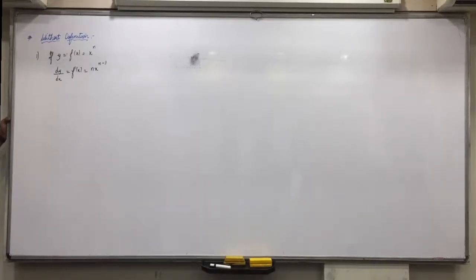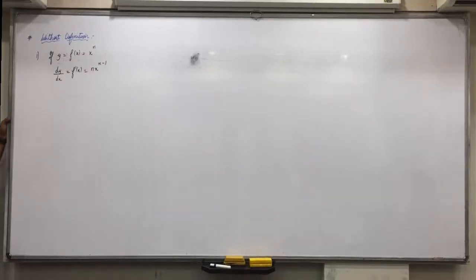What final answer did we get? 7x raised to 6. Even if we would have not done those 9-10 steps and directly done n x raised to n minus 1, then n is 7, x raised to 7 minus 1, 6. Straight away you would have obtained that. Now in the remaining part of the chapter, when we do it, we directly write 7x raised to 6. We will not do those 9 to 10 steps.